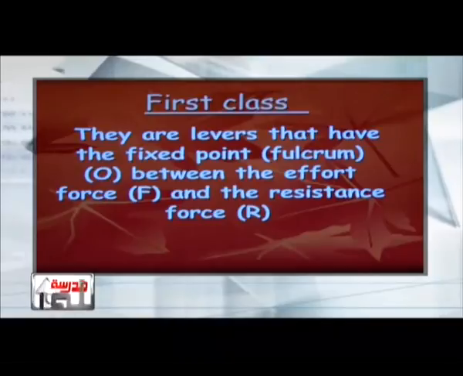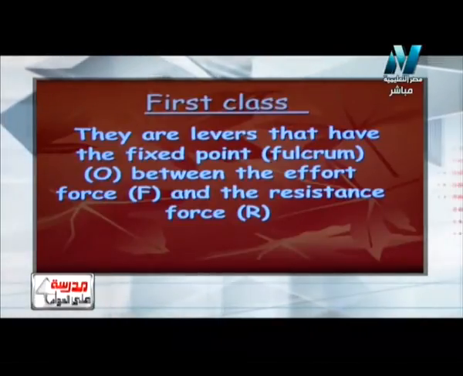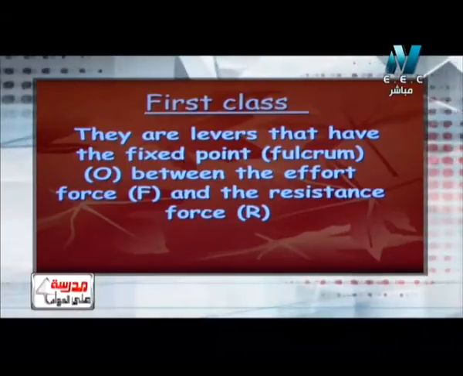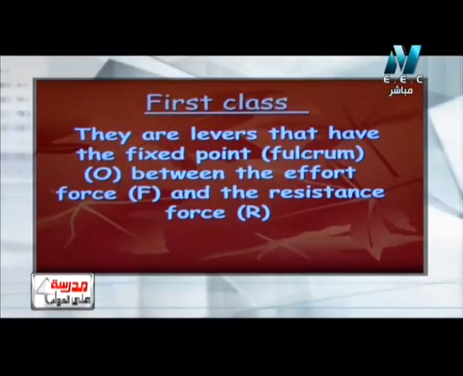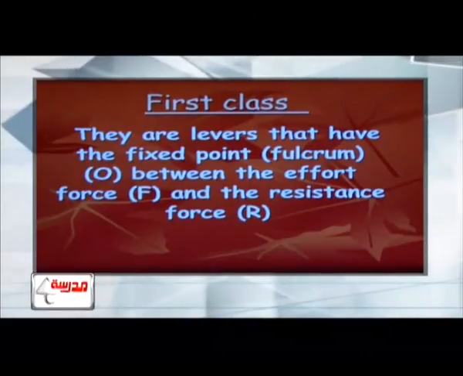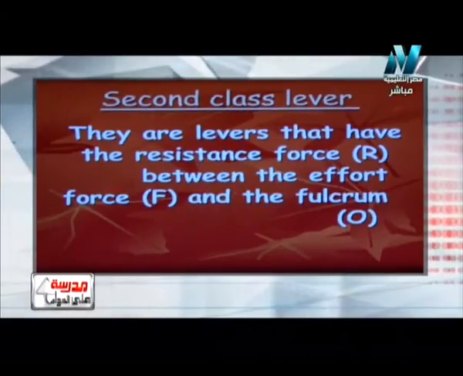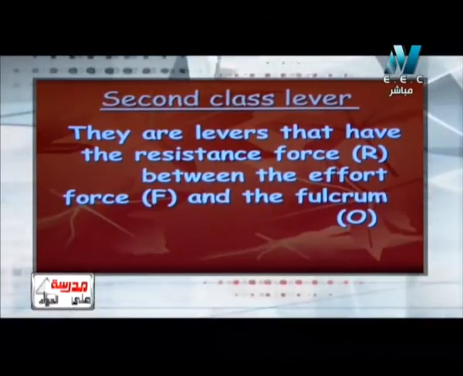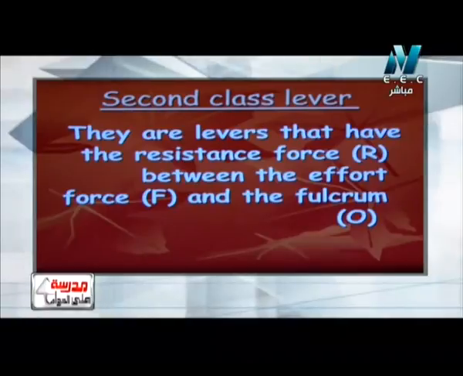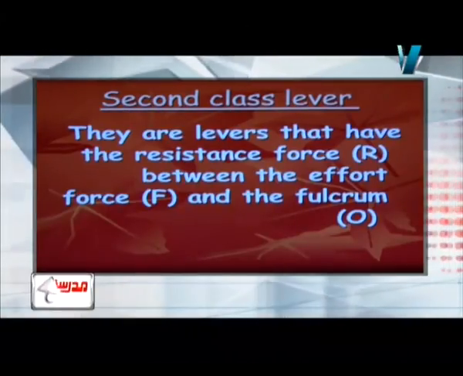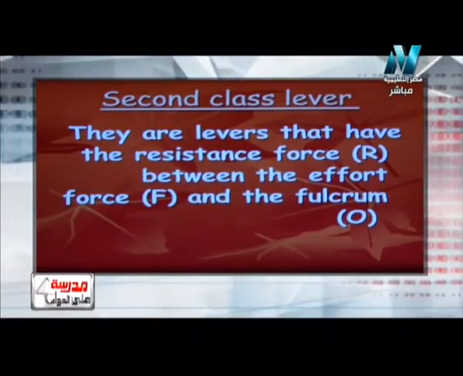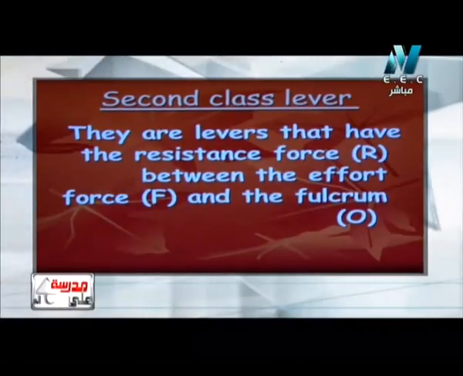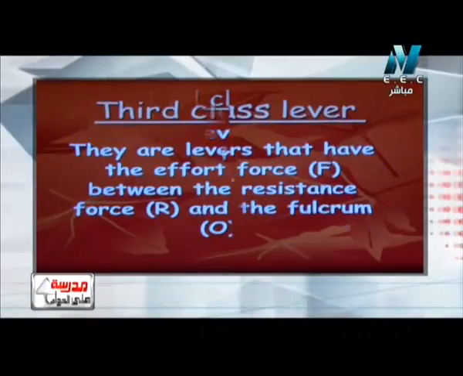So first class lever sometimes saves effort. In the second class lever I have the resistance between effort force and fulcrum. So here I will find that the effort force arm surely and always is longer than the resistance arm. So it will be the best type. هو أحسن نوع من الليفر هو second class lever.